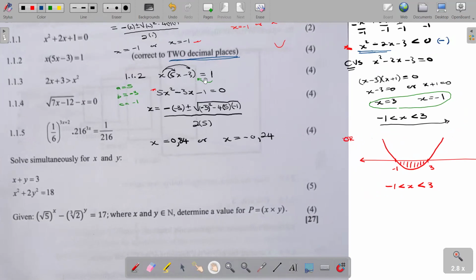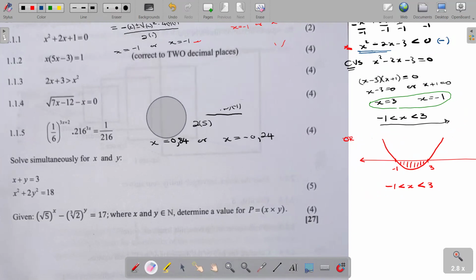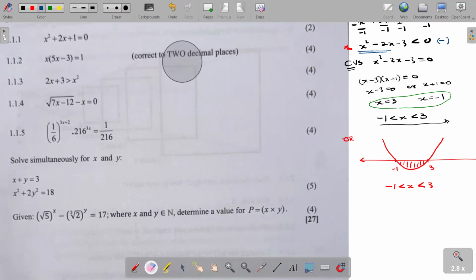We go to the next question, which is question 1.1.4.